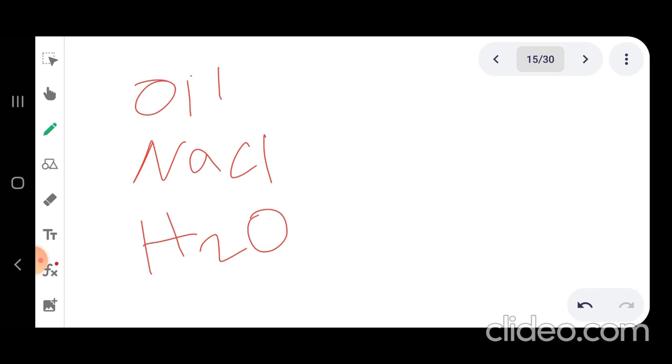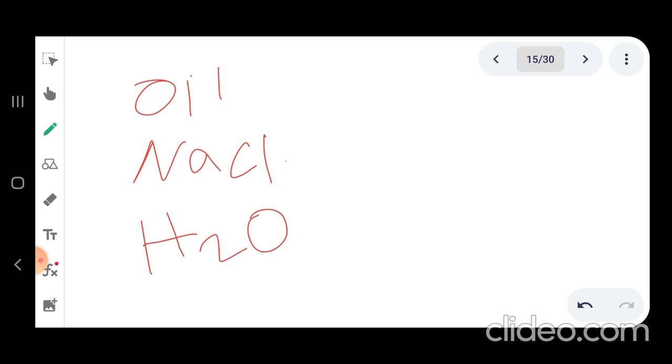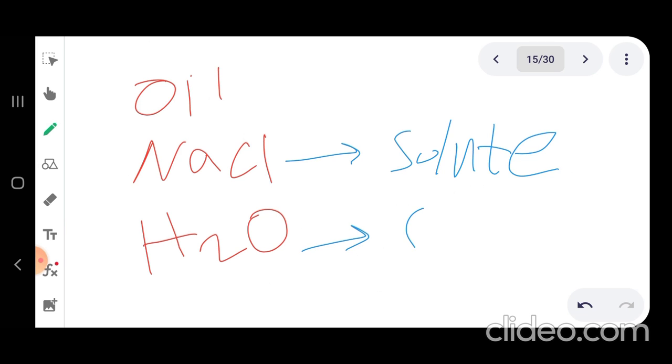As we said before, in this case, NaCl is the solute, and H2O is the solvent. This is the solvent that will attract this NaCl.